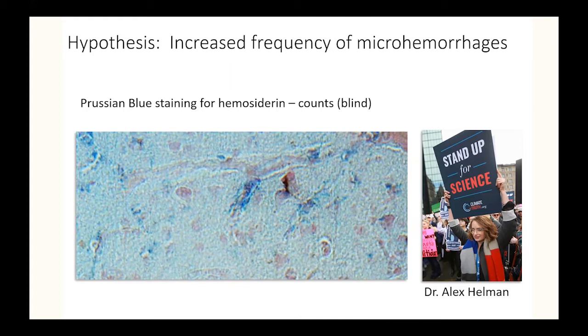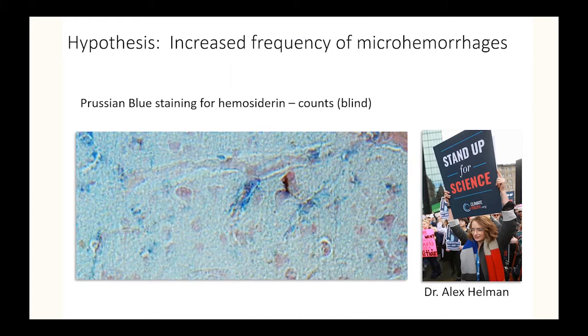What Alex did was she wanted to look at the frequency of microhemorrhages in the brains of people with Down syndrome. So she used a classic stain called Prussian blue, which identifies hemosiderin deposits. Here's an example of a blood vessel. You can see this is an H&E. And here, this blue deposit is hemosiderin.